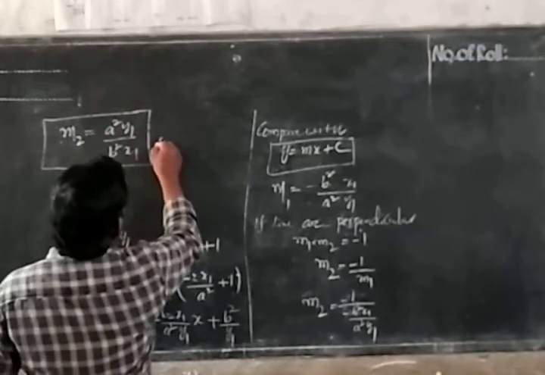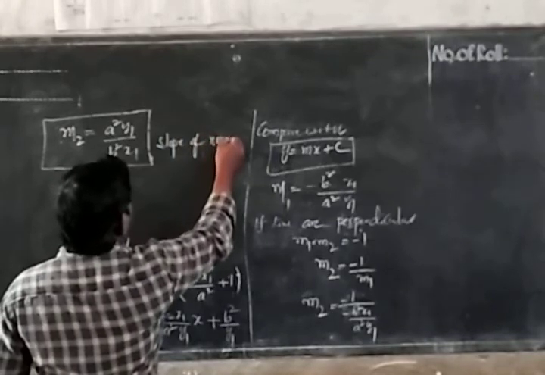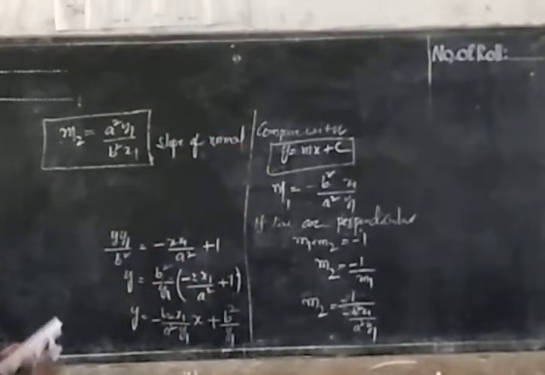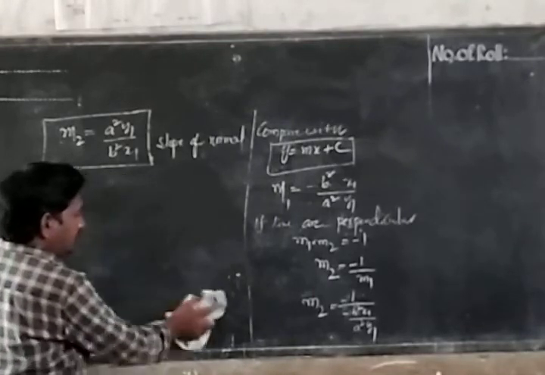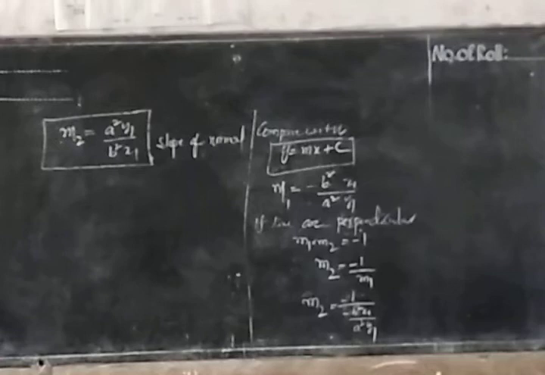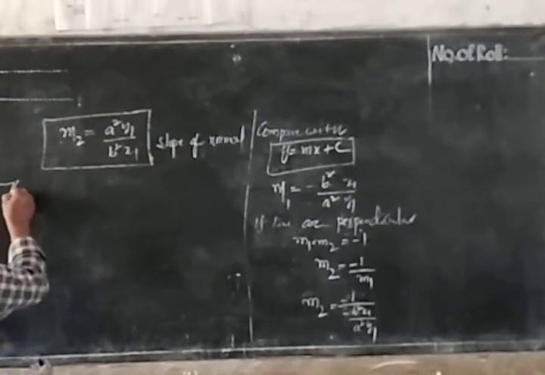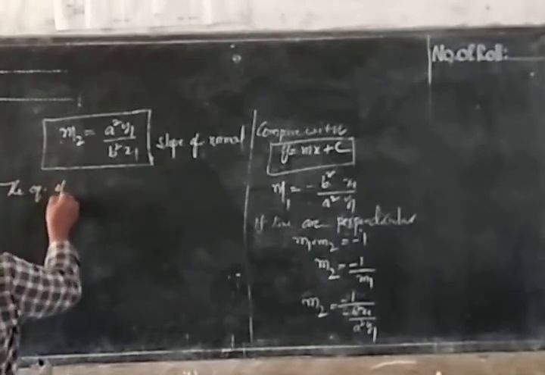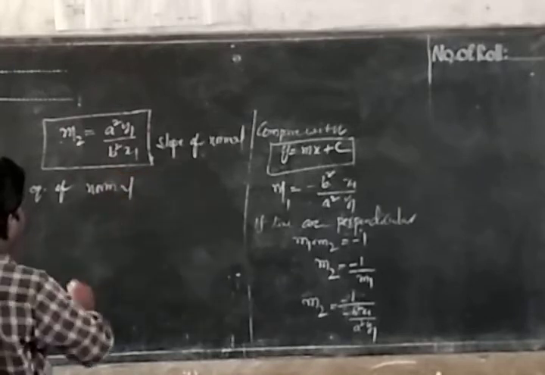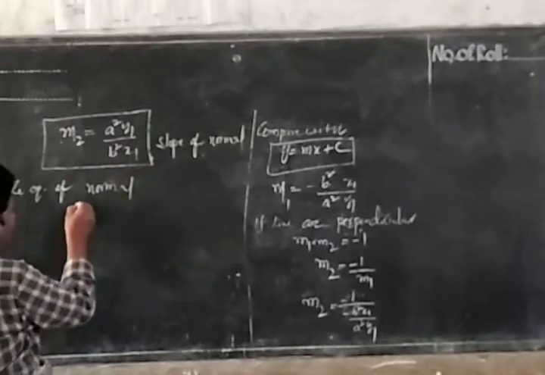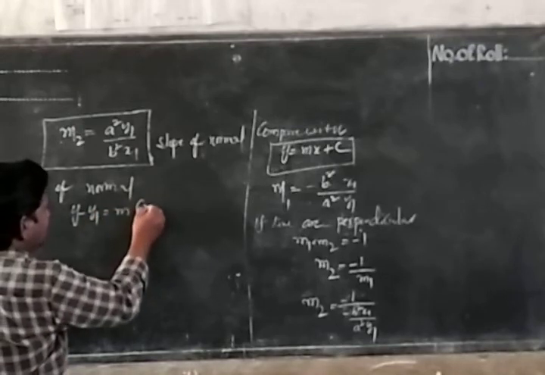Write down: slope of normal. Now we have to find the equation of the normal. We have a formula: when the point x1 y1 is given and the slope is given, the equation of a line is y minus y1 equal to m into x minus x1.